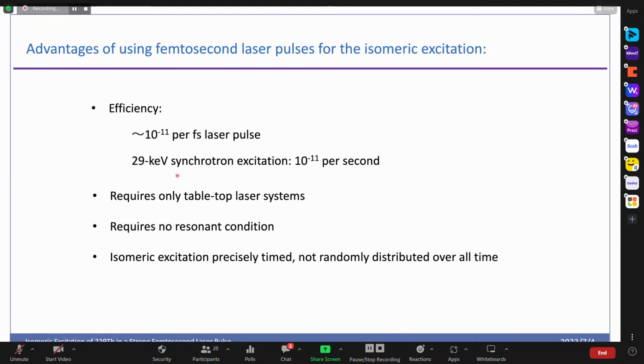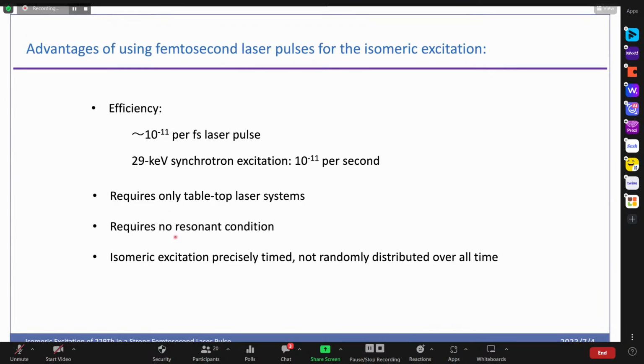Remember the 29 keV synchrotron excitation method, it gives 10^-11 per second. Roughly 1 femtosecond laser pulse gives a nuclear excitation comparable to what the synchrotron does in 1 second. And this method only requires a tabletop laser system instead of big facilities.